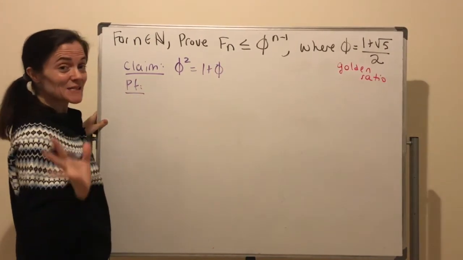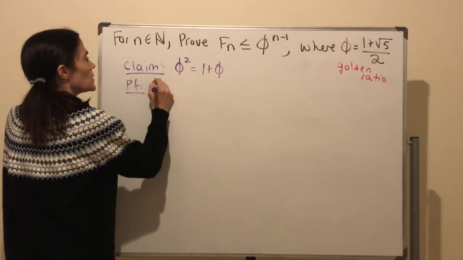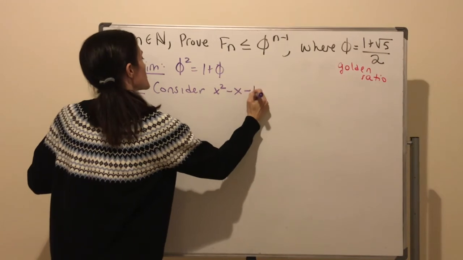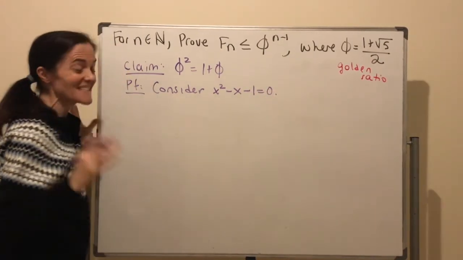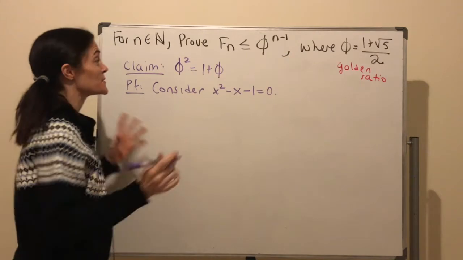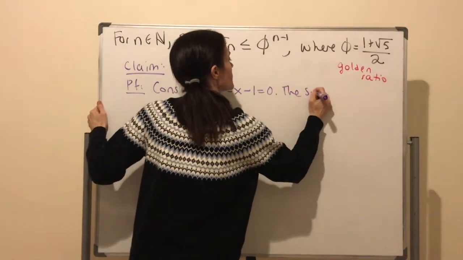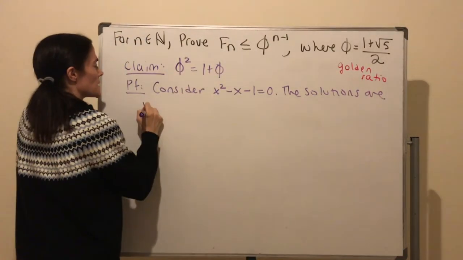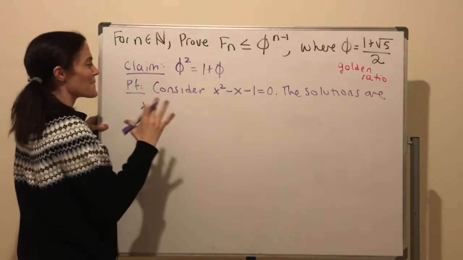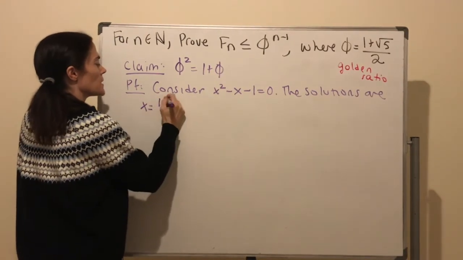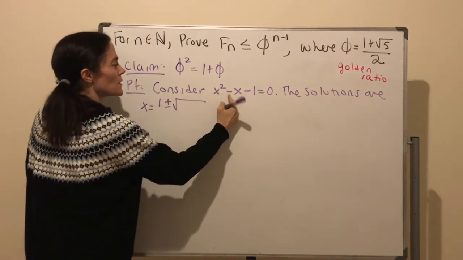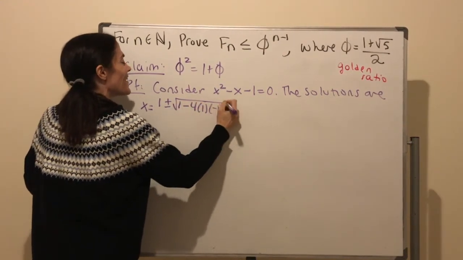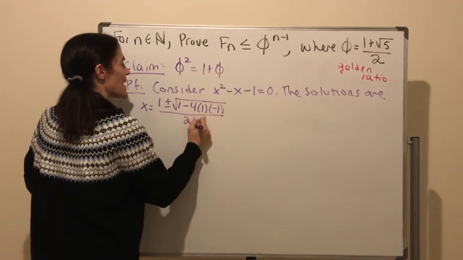So let's prove this, but it's relatively short. Well, let's consider x squared minus x minus 1 equals 0. This is a quadratic equal to 0. We know the solutions. This would be the quadratic formula. If you remember this from math classes, it would be negative b plus or minus the square root of b squared minus 4ac, all over 2a.